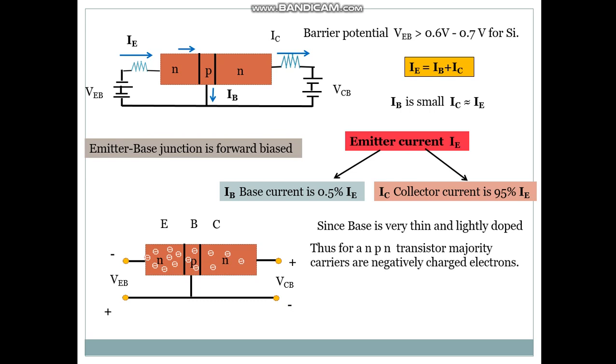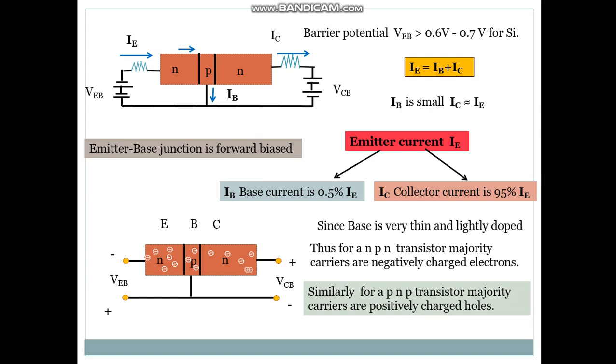Thus, for an NPN transistor, majority carriers are negatively charged electrons. Similarly, for a PNP transistor, majority carriers are positively charged holes.